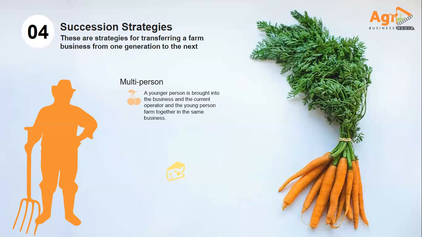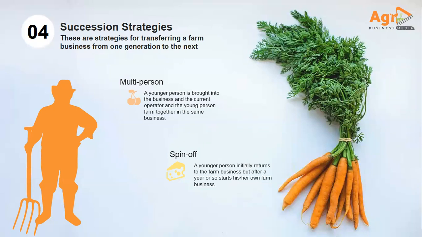Arrangements can then be made regarding ownership transfer, as well as transferring management of the business to the younger person. The second one here is spin-off, where you have a younger person who initially returns to the farm business, but after a year or so, after gaining experience, they then start their own farm business.